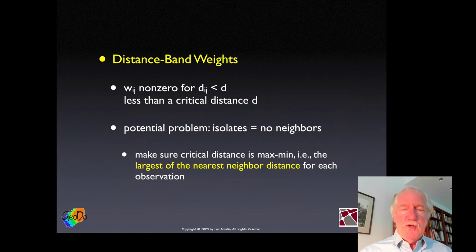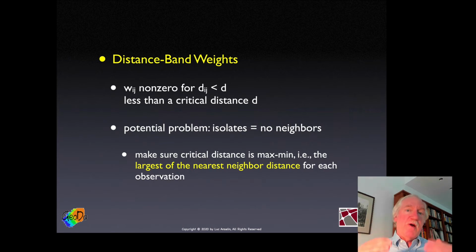So one way to ensure that every observation has at least one neighbor is to take the critical distance as the so-called max-min distance. What does that mean? Every observation has a nearest neighbor. The nearest neighbor is the other point, the other observation, with the shortest distance to our observation. That distance, we call the nearest neighbor distance.